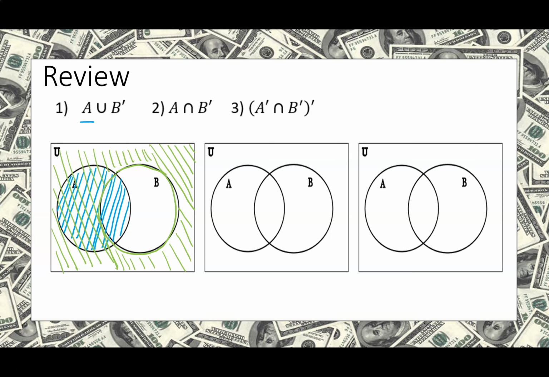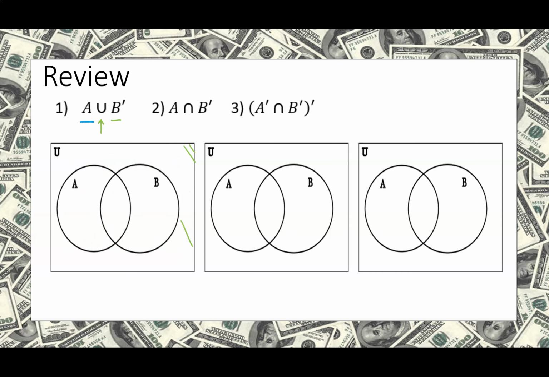Now it's asking for the union, which means we put everything together. So our final answer is going to be everything except for that kind of moon shape figure on the inside of B. So let's go ahead and get our final answer for that.